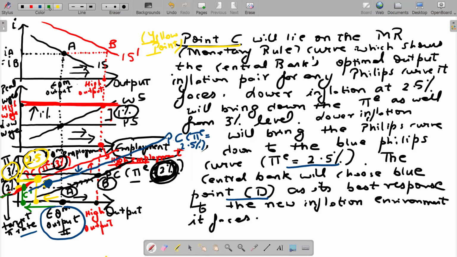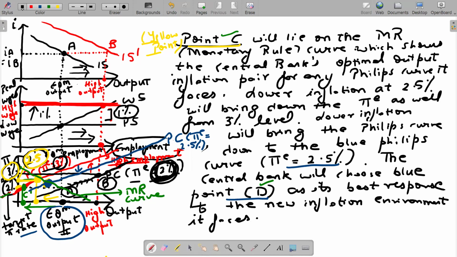If I join the yellow and the blue point, this green curve is the monetary rule curve, the MR curve. The yellow point is point C, the blue point is point D.